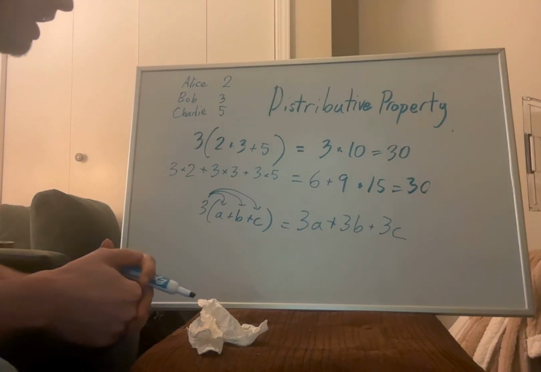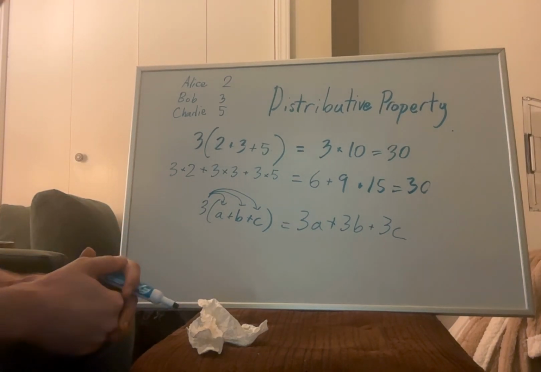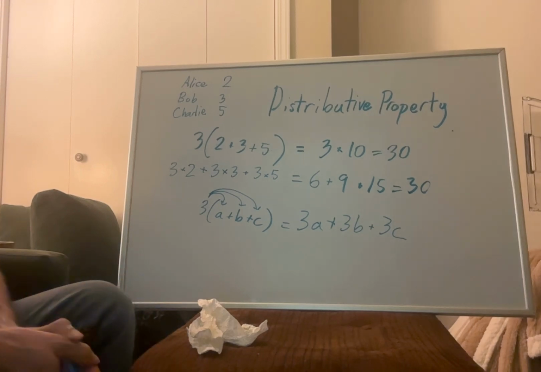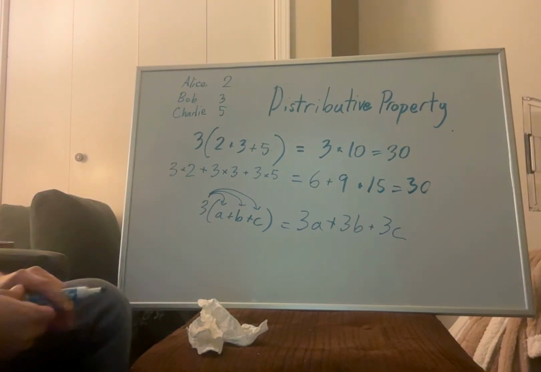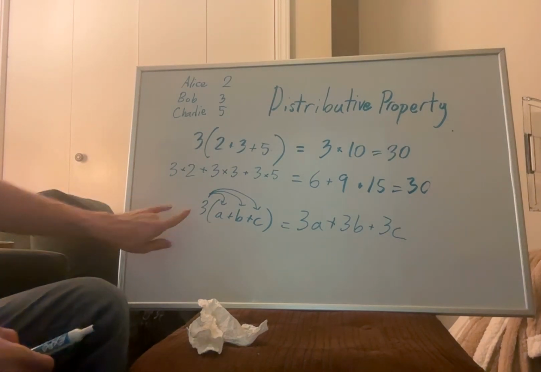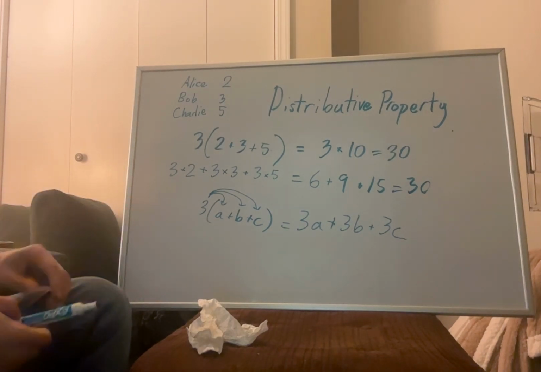The only other thing I want to point out is be careful when you're using the distributive property with negative signs. In particular, if we had a negative out front, we would want to multiply every term inside by negative 3 in that case.